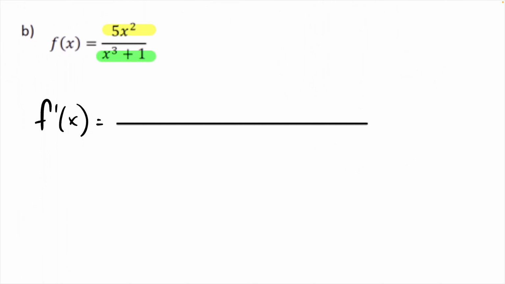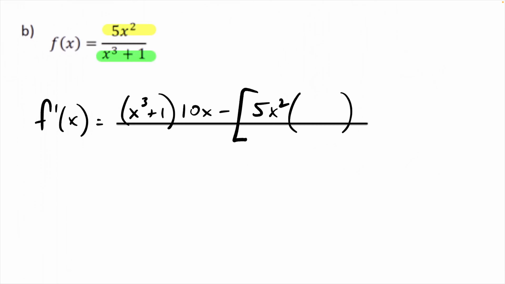Low, d high, so rewrite the low, times the derivative of the high, which is 10x, minus high, d low. The derivative of the bottom is going to be 3x squared over low squared.